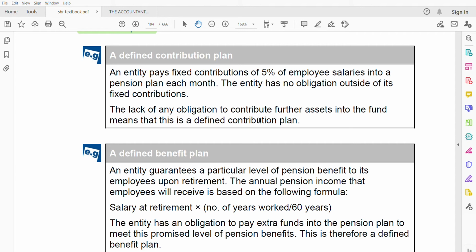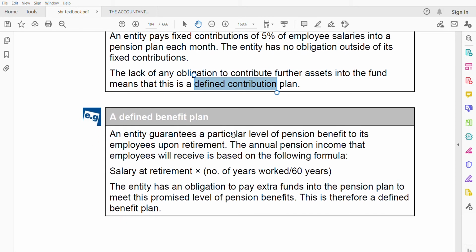So this is a defined contribution plan. Everything will be fixed, and no obligation. These words will help you understand whether it's defined contribution or defined benefit. Sometimes they will give you some plan, and you have to differentiate whether it falls under a defined contribution plan or a defined benefit plan.